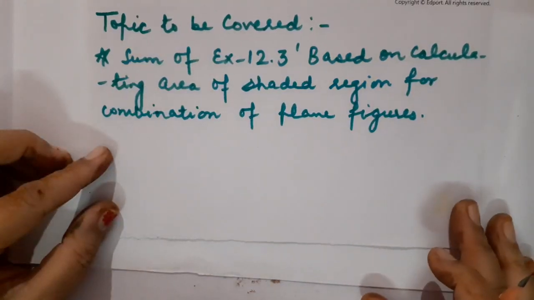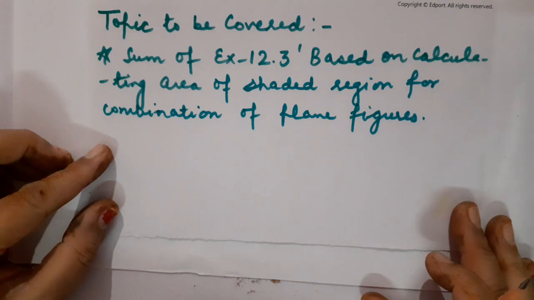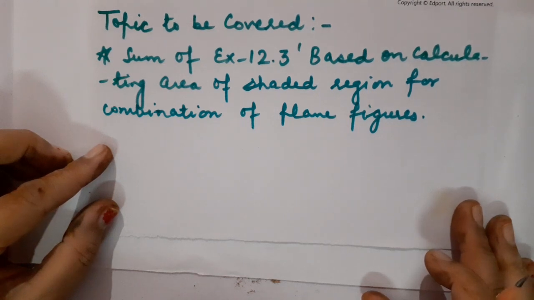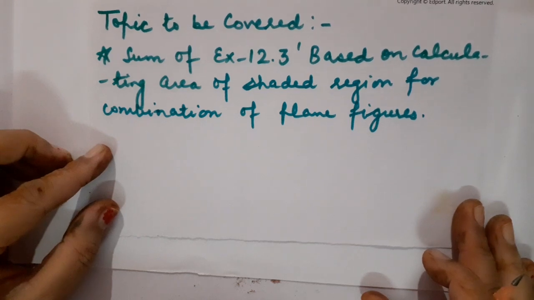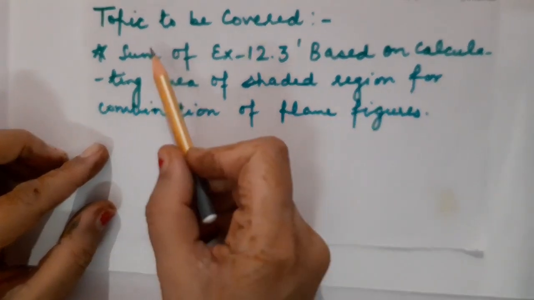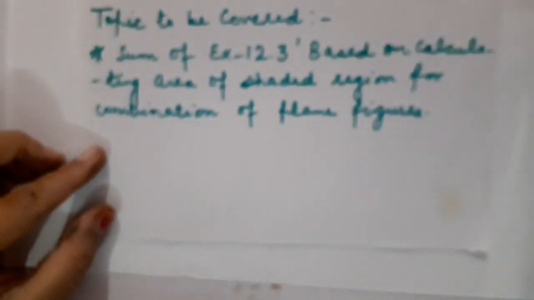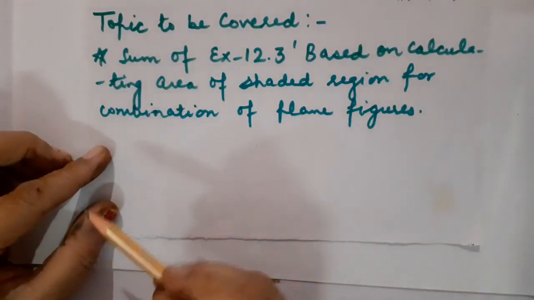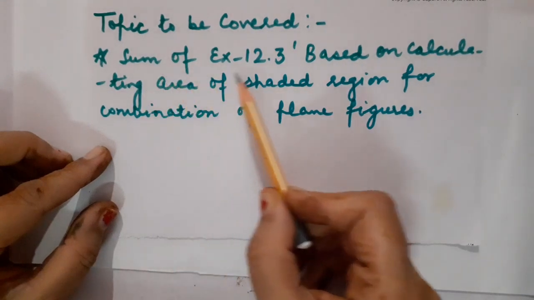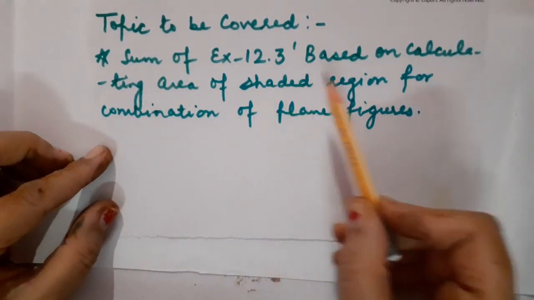So children, as you know, in lecture number 4, I completed exercise 12.2 and exercise 12.3 was started. So the topic which I am going to cover today is, I will be continuing with the sums of exercise 12.3.